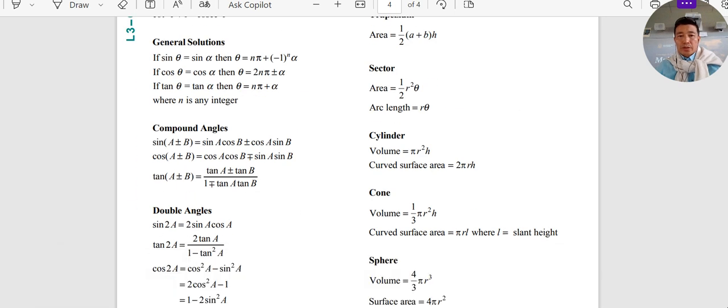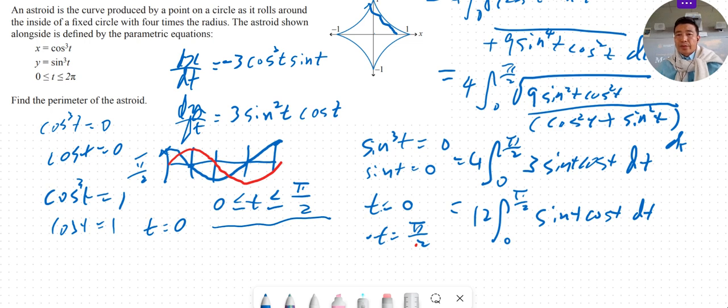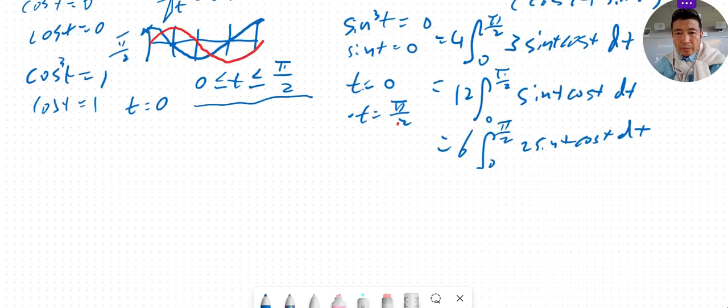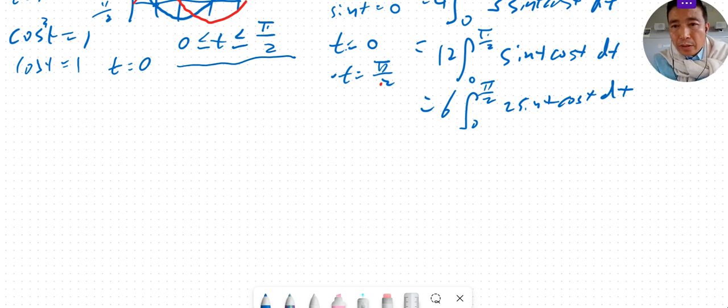So for the question here, I need a 2, right? So I will say 6 times the integral from 0 to pi over 2 of 2 sine t cosine t, which becomes sine 2t, dt.